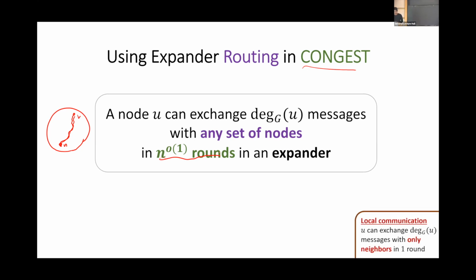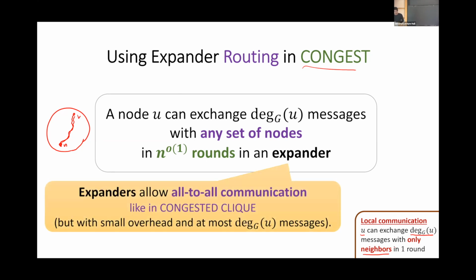So this is in contrast to a normal constraint in CONGEST, where each node can exchange only degree many messages with its neighbors. Now you don't need to care about whether a node is a neighbor or not. Any set of nodes can exchange messages.